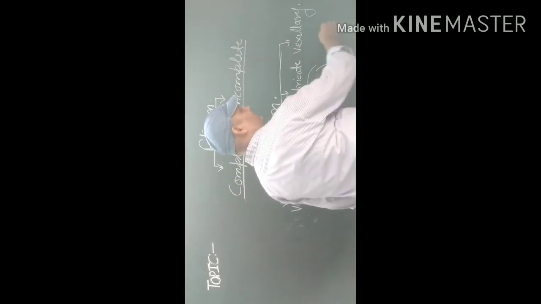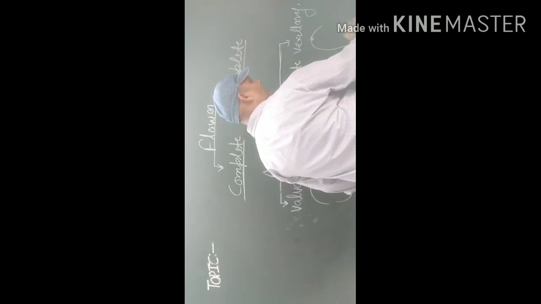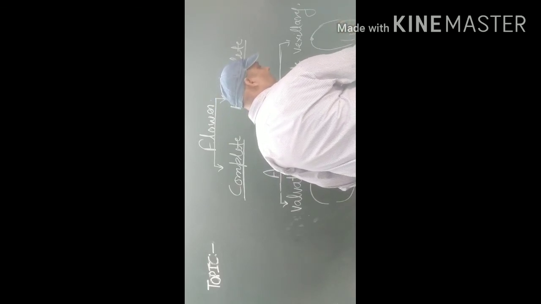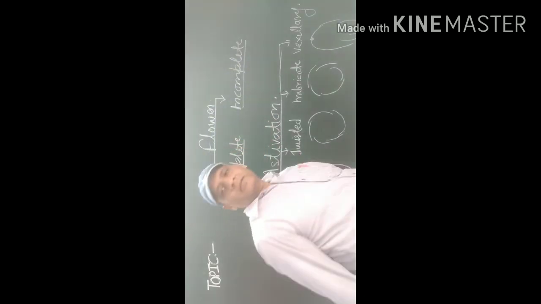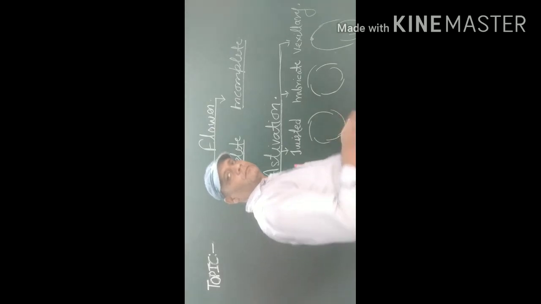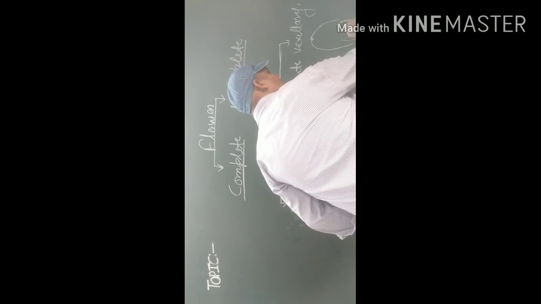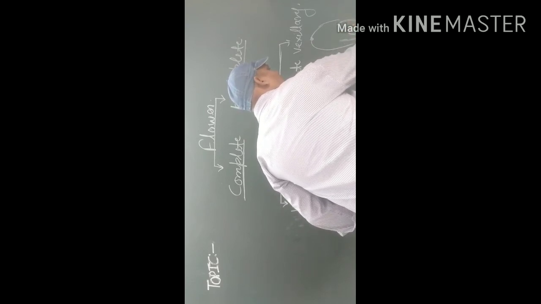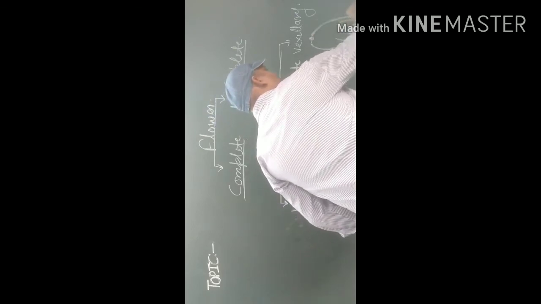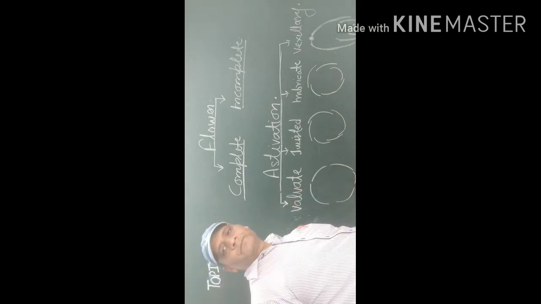Vexillary: in this, the top petal is elongated and covers all the other parts. This is the vexillary. This type of arrangement occurs in Papilionaceae flowers. These are the estivations. Okay.